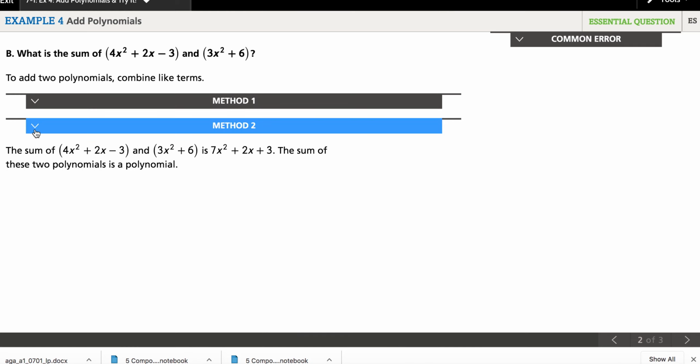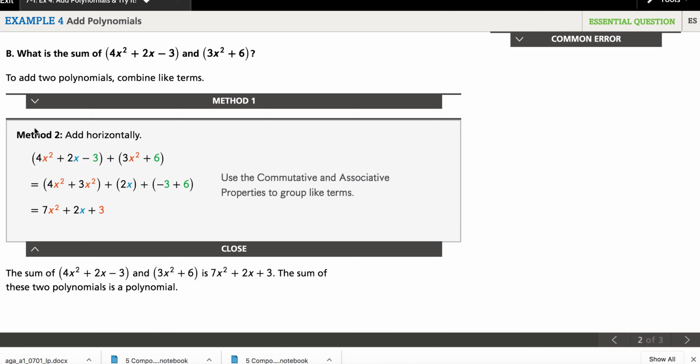Method number 2 is to add them horizontally. What do we do when we add them horizontally? We use the commutative and associative properties to group like terms. For example, 4x squared and 3x squared are like terms, so we combine them in the parentheses, plus 2x doesn't have any like term, so we leave it alone, plus negative 3 and positive 6 are like terms, so we group them together.